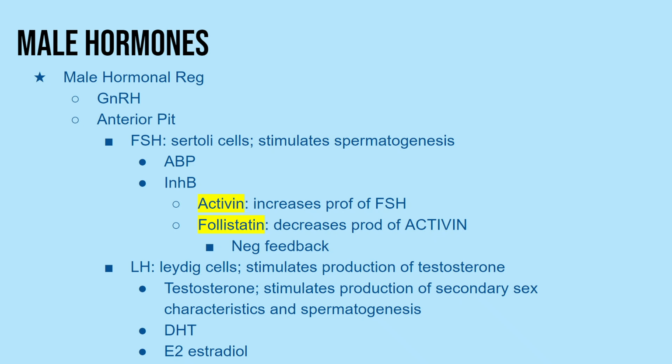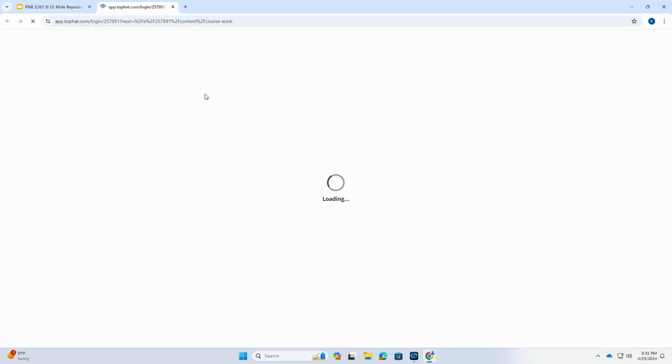Is everyone clear on the relationship between FSH, activin, and follistatin, or should we get into, do you want to draw that? It's pretty clear, okay. Okay, I have some Top Hat questions about this stuff.